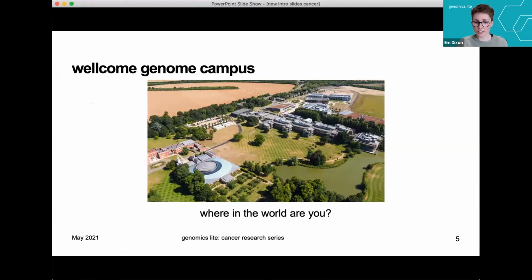So all 4 of us in normal times would be based at the Wellcome Genome campus just south of Cambridge. I actually started during the pandemic, so I still haven't been to campus yet. So we're interested to see where in the world you are. So if you can find the chat box and if you want to let us know where you're from, we'd like to see whereabouts we've got audience in from this evening.